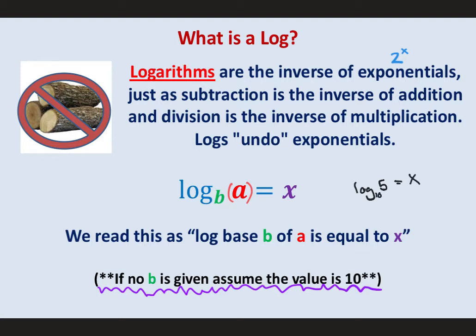That's just the most commonly used one, and so we don't often write that 10 because it becomes a little repetitive. The calculator that you're hopefully using, if you have a scientific calculator at home or a cell phone calculator, more often than not, they exclusively use log base 10. They're incapable of doing other bases for logs. So if you see nothing there, it's base 10. Otherwise, it's whatever the base is. And we'll talk about what that base is a little bit more in the upcoming slides.